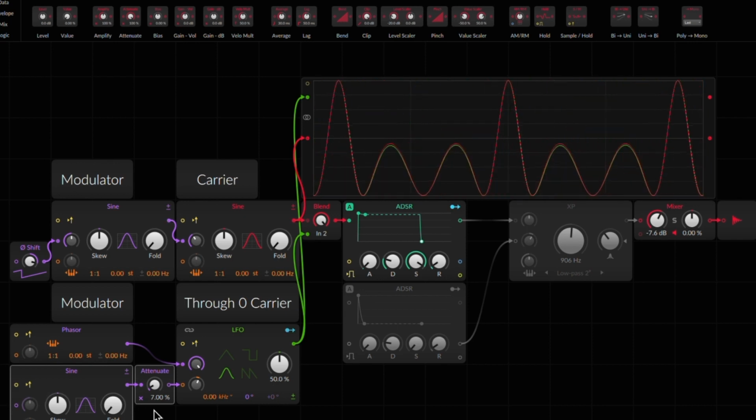So why is this? Well, it has to do with the exponential behavior of pitch. Imagine we have a 100 hertz signal and we modulate this with the linear input that we have here. So we add 10 hertz and we subtract 10 hertz. So we go from 100 to 110 and down to 90.